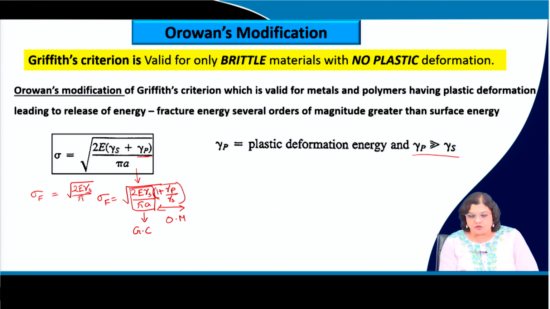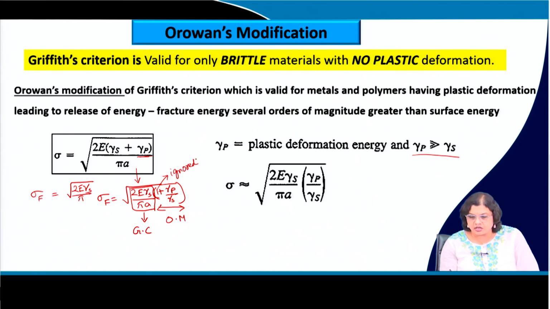So, the term 1 which has been added here does not make much sense, because gamma p by gamma s will be a large number, and in that case 1 can typically be ignored, leaving us with sigma according to Orowan's modification as root over 2E gamma s by pi a, which is what Griffith originally estimated, multiplied by gamma p by gamma s, the ratio of the plastic deformation energy to the surface energy of the material.